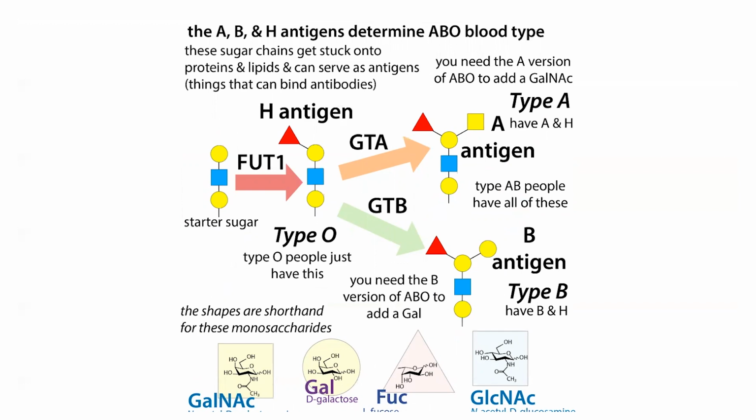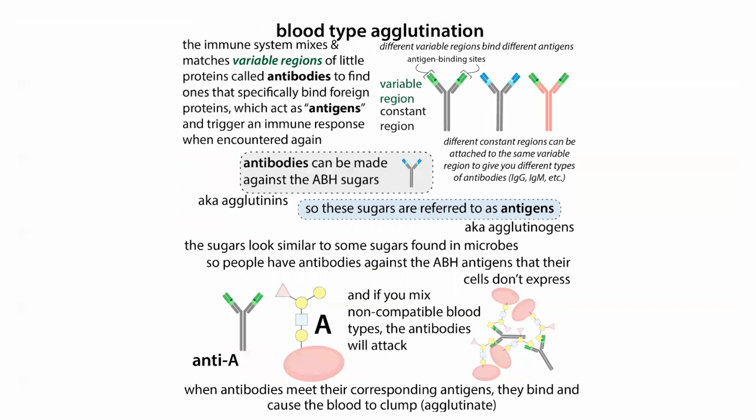So if you have a person who has a certain blood type, they're going to have that certain sugar. If you have that certain sugar, then your immune system is going to know that sugar is yours, and it's not going to try to attack it. But if you then give that person blood from someone else who had a different sugar, then the immune system of the first person isn't going to know that that is okay.